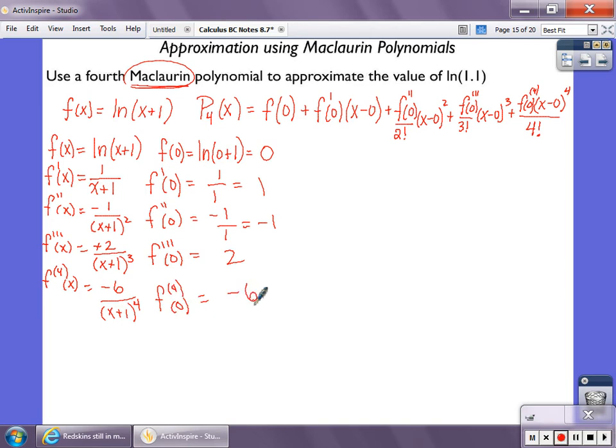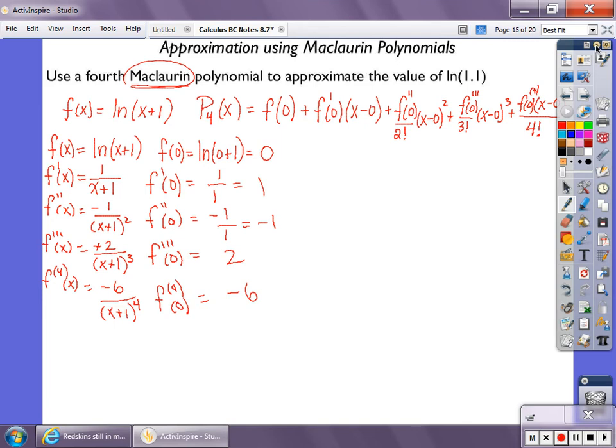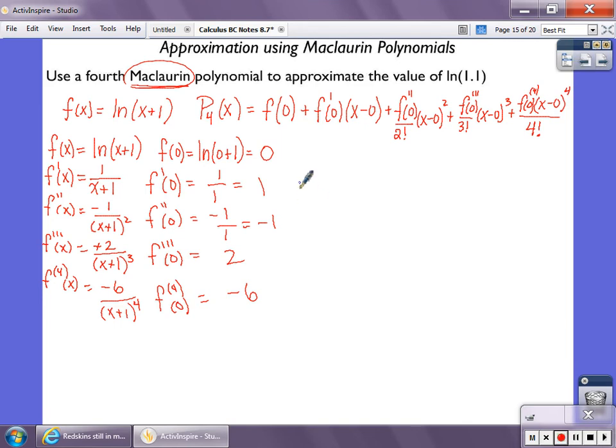I want to go get a different color. So, see if I can fit it in here. Hopefully I can. P sub 4 of x, the Maclaurin polynomial, is going to be f of 0 is 0, plus f prime of 0 is 1 times x minus 0, is x, plus the second derivative is negative 1 over 2 factorial times x minus 0 squared.